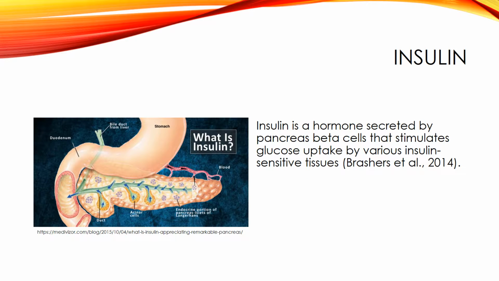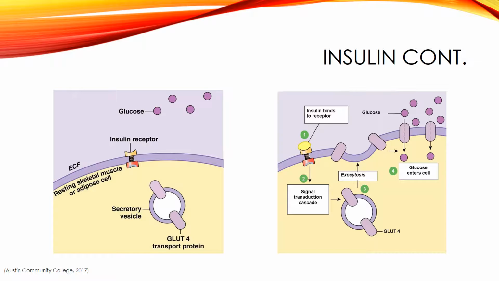So what is insulin? Insulin is a hormone secreted by the pancreas beta cells that stimulates glucose uptake by various insulin-sensitive tissues such as fat, muscle, and liver. This slide is a graphical representation of insulin's effect on the cells.